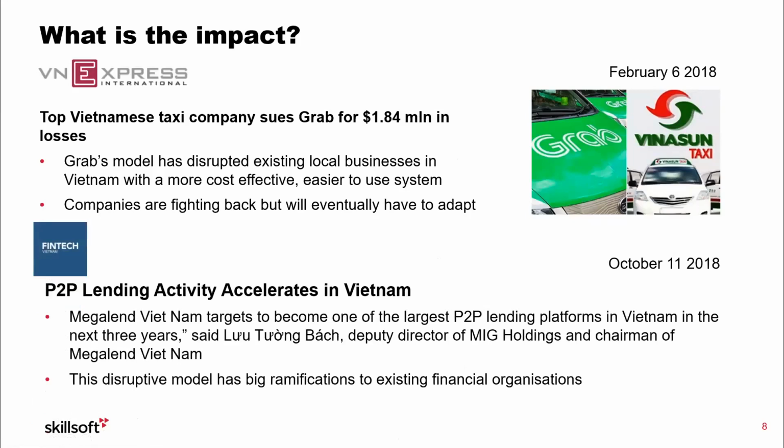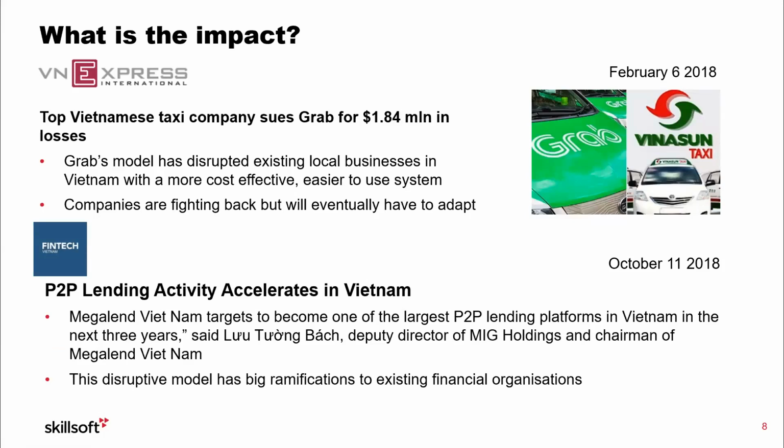Similarly, the banks are being disrupted. In Vietnam, peer-to-peer lending activity has really taken off, and that's caused the financial institutions to have to re-engineer their offerings because it has such a tremendous impact on their bottom line.